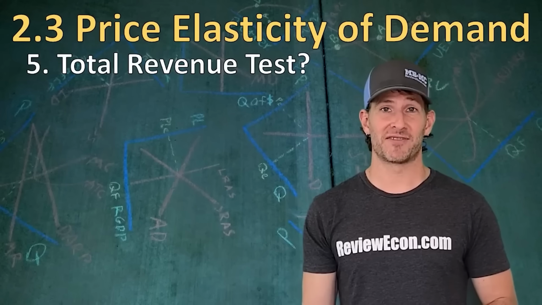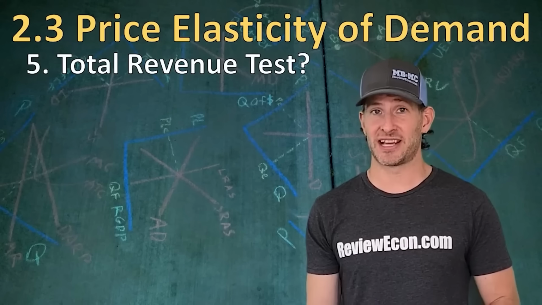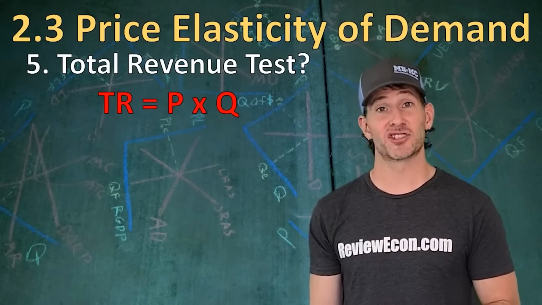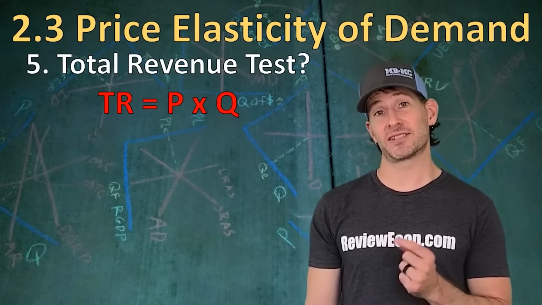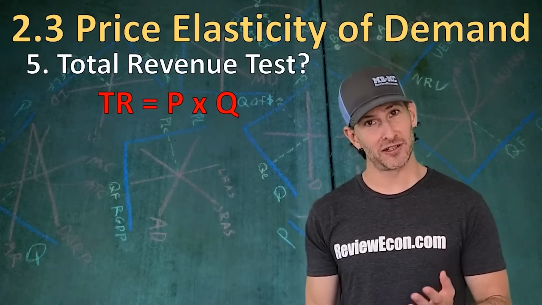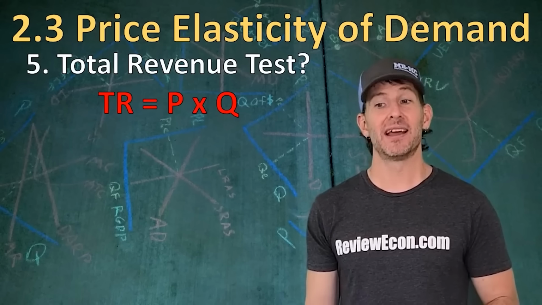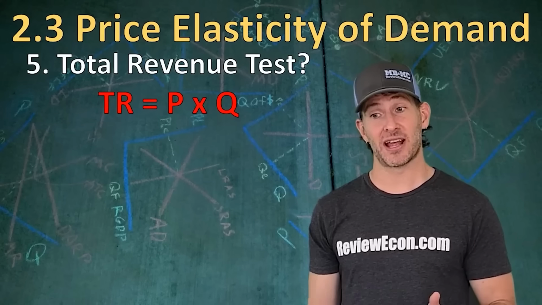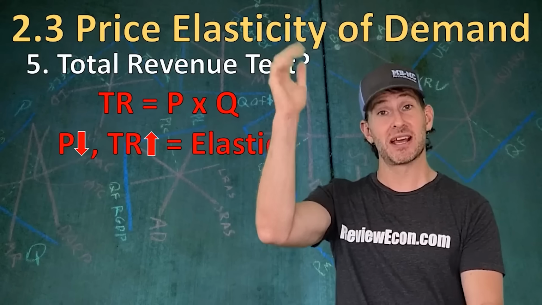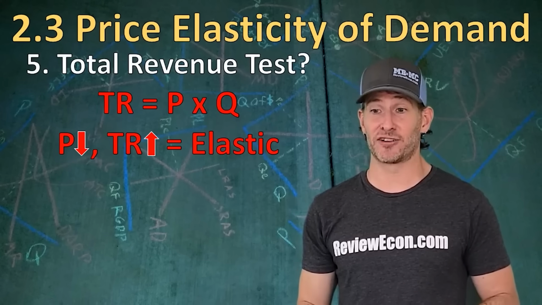The fifth test is the total revenue test. In order to do the total revenue test, you have to do a little bit of math. Price times quantity, that's total revenue. And then you look at what's happening between price and total revenue for a particular range of the demand curve. If price falls and total revenue rises, they're going in opposite directions, that's an elastic demand curve.